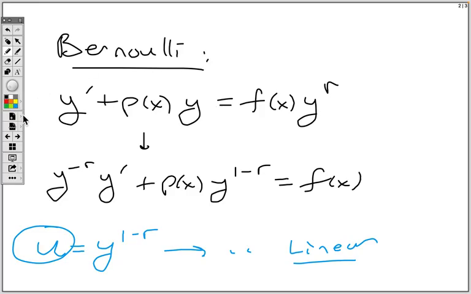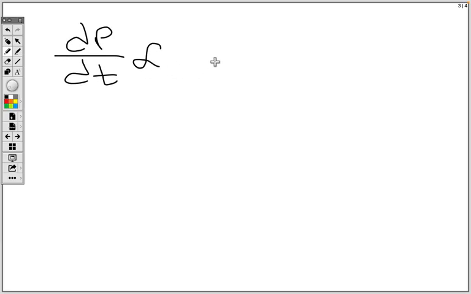So let's revisit the logistic equation. Last week we went through the derivation of the logistic equation. I think it was last Wednesday or last Tuesday, something like that. And the logistic equation, remember the basic idea is that the rate of growth of something is directly proportional to how much is there and how much room there is to grow.